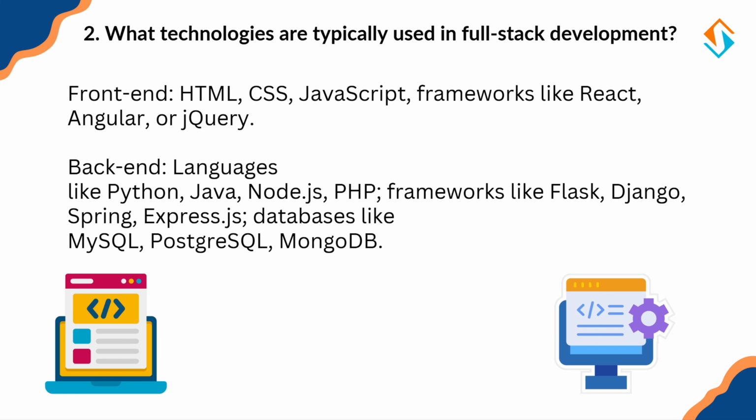And in back end, programming languages like Python, Java, Node.js, PHP, and frameworks like Flask, Django, Spring, and Express.js. And if we talk about databases, you will also need to work with databases like MySQL, PostgreSQL, and MongoDB to store and manage data efficiently. A good full stack developer should be comfortable switching between these technologies based on the project's needs.